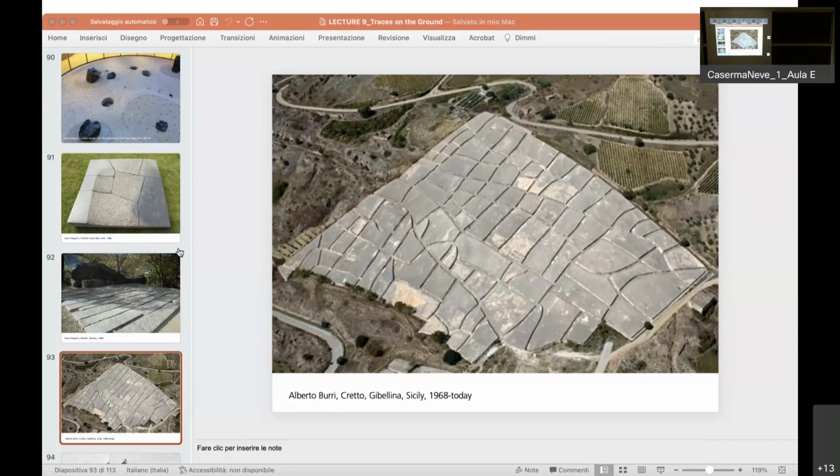As happens in these cases, you can see many things in the work. In a way, these slabs of concrete are also meant to encapsulate the debris of the town.